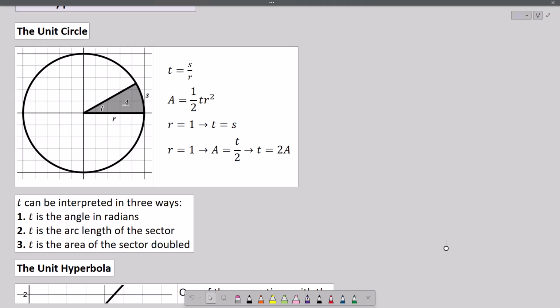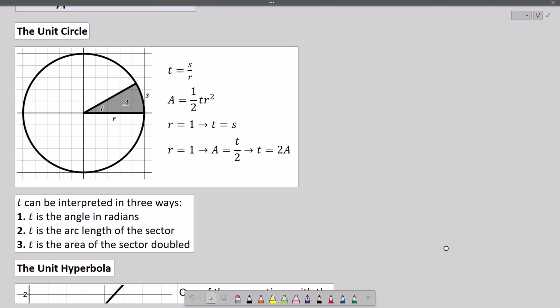If you plug in an r value of 1, because it's a unit circle, t and s are the same. So the angle and the arc are the same, which is often why they call those things arc functions, because finding the arc is the same as finding the angle. So when r is 1, angle and arc are equal.